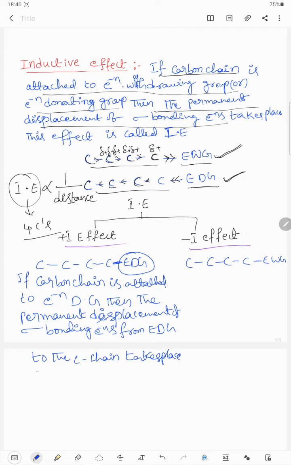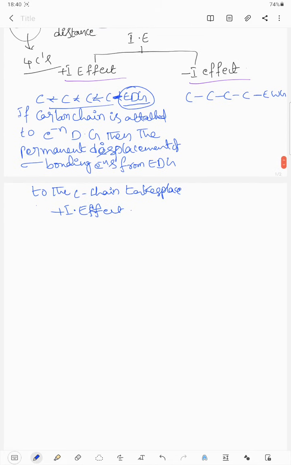So this effect is called plus I effect. Very simple thing. If an electron donating group is attached to the carbon chain, then the permanent displacement of sigma bonding electrons from the electron donating group to the carbon chain is called plus I effect. Some examples we will see now.